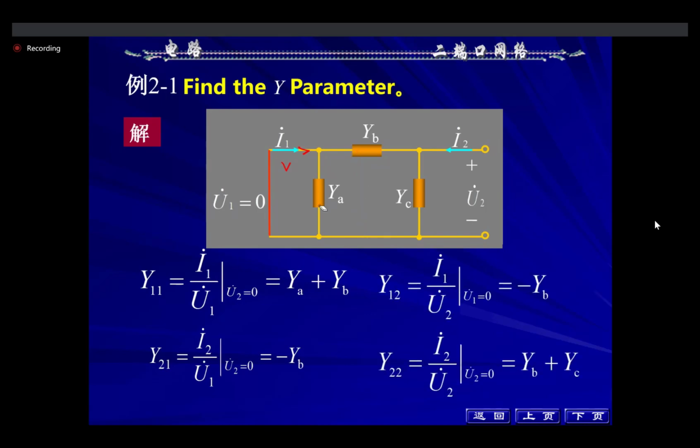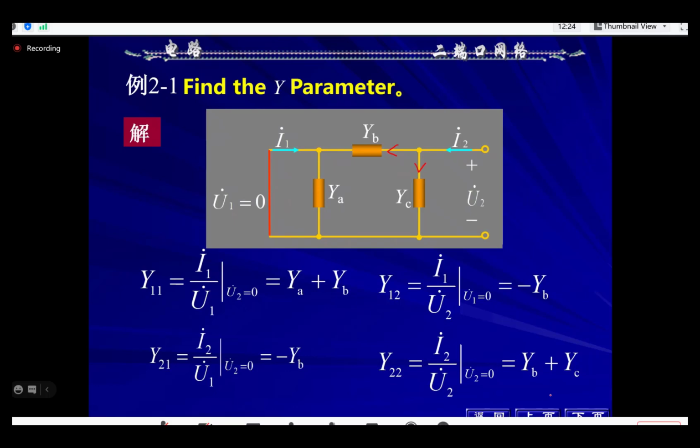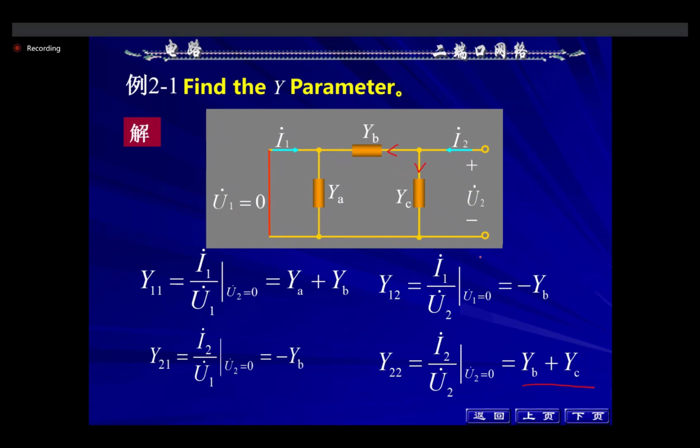And then short connect the left side and add a voltage source at the right side. In this circuit, I2 is this current plus this current. So Y22 is YB plus YC. And I1 is minus YB U2.